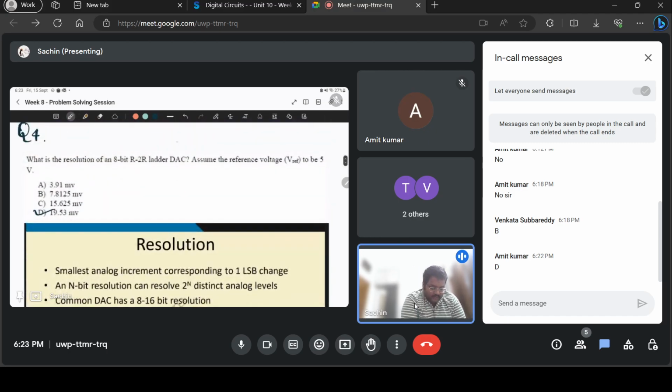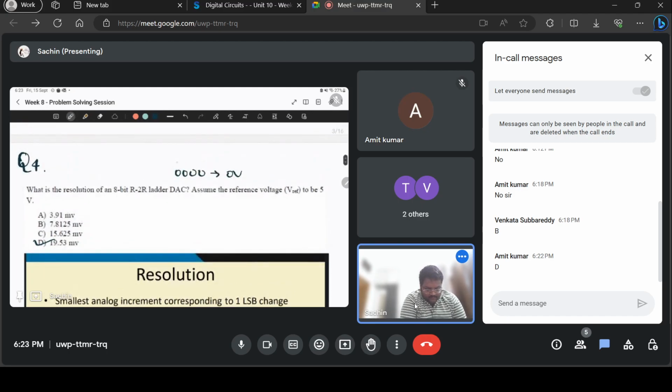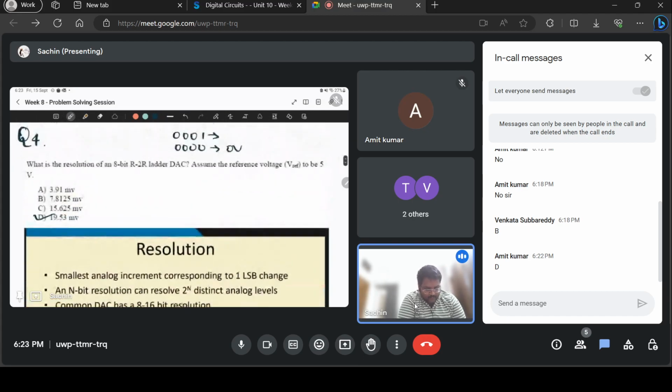For 0 volts everything is 0, right? For the number 0, if it's 3 bit or 4 bit, 000 is represented by 0 volts. So the smallest number that's not 0 is 1. That will be represented by the lowest voltage, which is Vref by 2 power n.